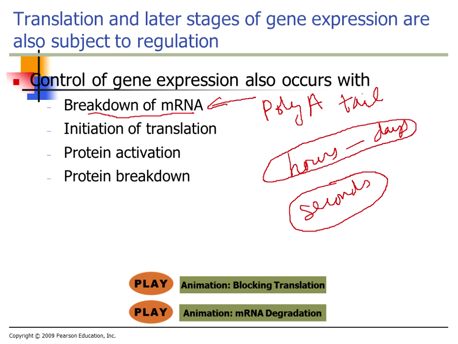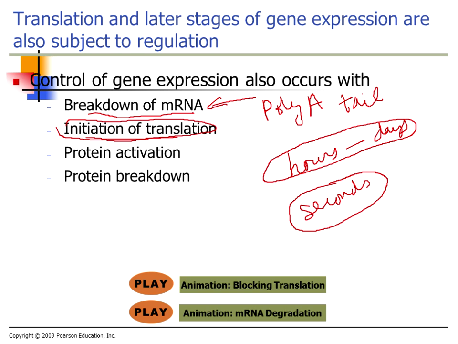Okay, so breakdown of messenger RNA can be used to control protein expression. You can also control protein expression by blocking initiation of translation. This is a little bit different than the micro interference RNA I just talked about. That's one possibility, but you can also block translation by other mechanisms. So that's another way of controlling gene expression.